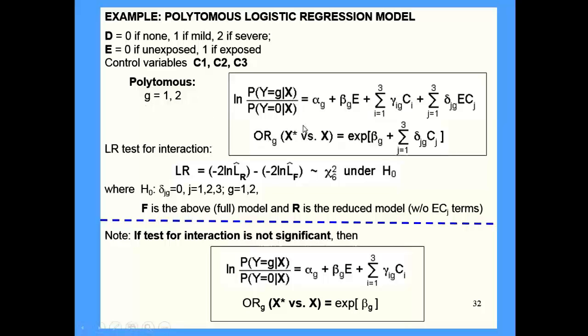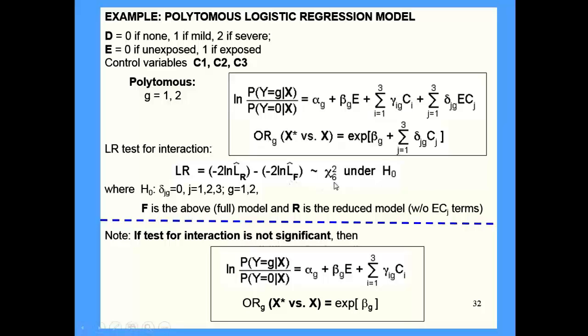You remember I said you have as many components as 1 less than the number of categories. So the reduced model won't have these product terms. And the likelihood ratio test would be minus 2 log maximized likelihood for the reduced, minus 2 log maximized likelihood for the full.